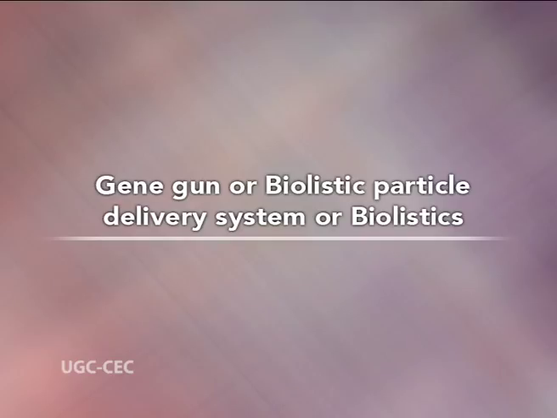Gene gun, or biolistic particle delivery system, or biolistics, is a method of gene transfer that was invented by John C. Sanford and colleagues in 1984 at Cornell University. It is based on the acceleration of microprojectiles to speeds sufficient for penetration of plant cell walls and membranes.